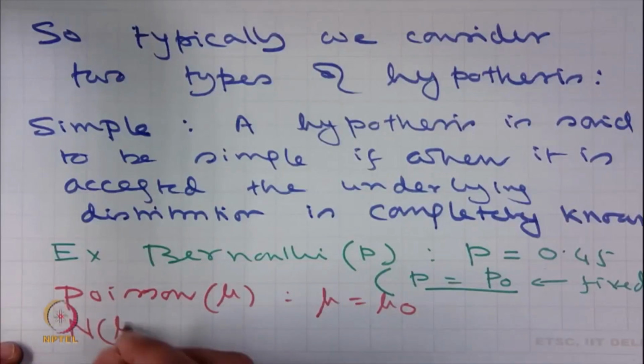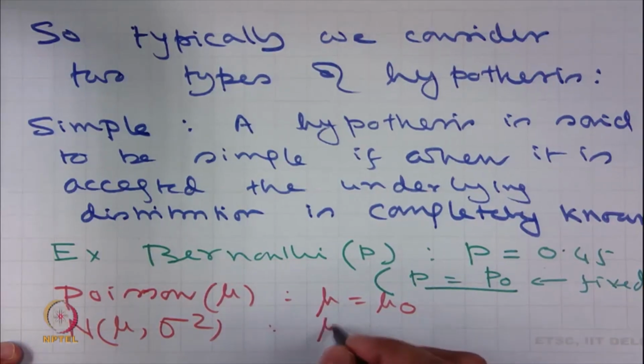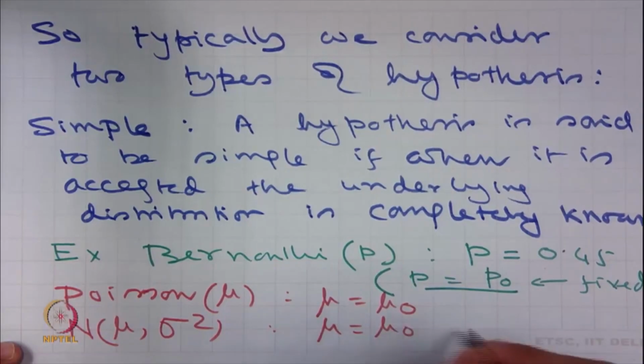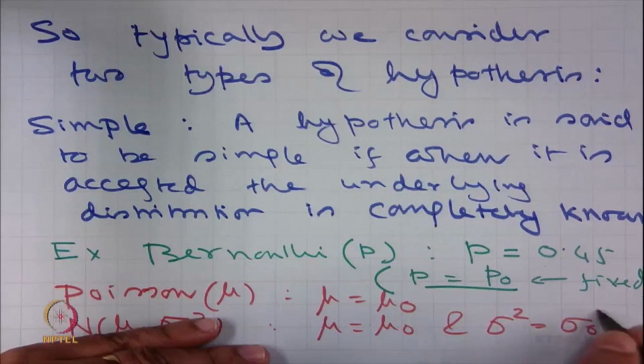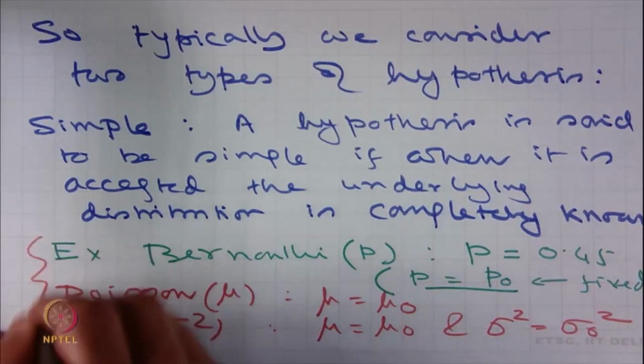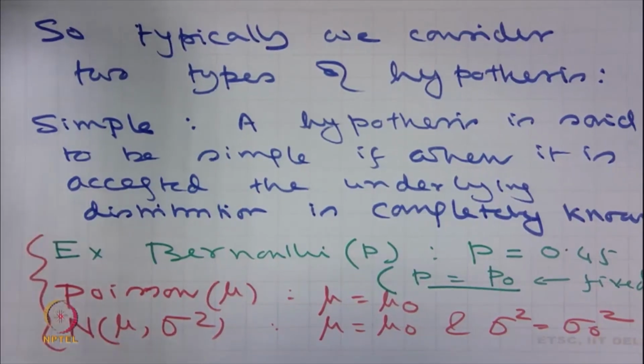When we are looking at normal mu comma sigma square, hypotheses like mu is equal to mu naught and sigma square is equal to sigma naught square. So, these are all simple hypotheses, so that if the hypothesis is accepted, then we know the distribution completely.